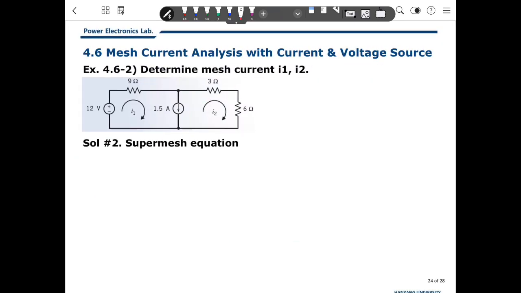But we have another way to solve this electric circuit using the mesh current. The second way is the supermesh equation. It will be more simple. We can make a supermesh here, in this way. Why? There are 2 meshes, but the current source is common here. So we rewrite this mesh and we can make a mesh equation here. It's very simple.